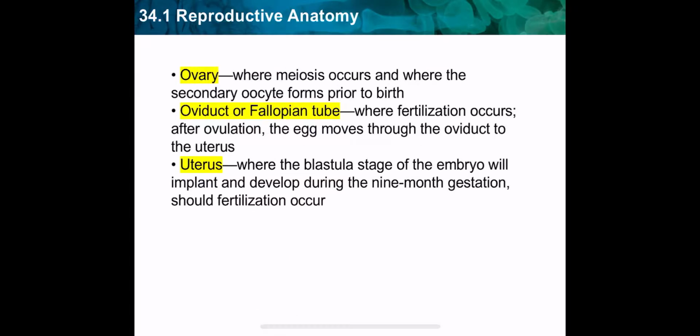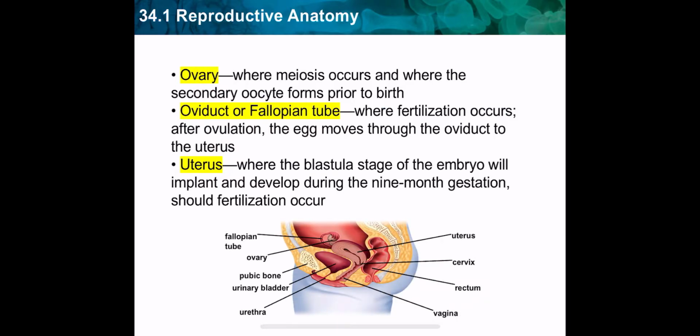Let's talk about the different parts of the female reproductive system. Number one, ovary. How many ovaries does the female have? The female has 2 ovaries. What's the function of the ovary?